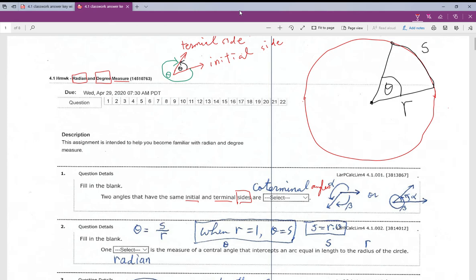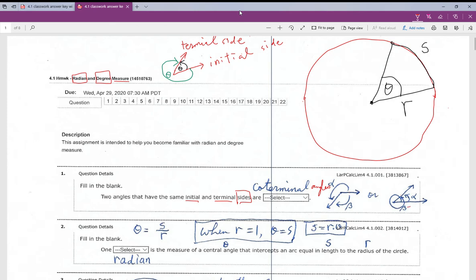The other situation is if you have angle alpha, and the other angle goes in the same direction, like alpha goes counterclockwise and beta also goes counterclockwise, but keeps going. So you start from here, go one circle, and then go more than one circle.